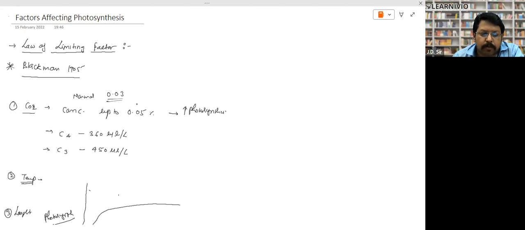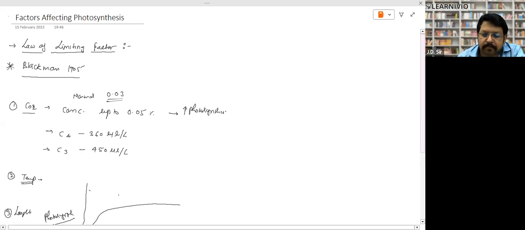If it goes up to 0.05, photosynthesis will increase. Beyond it, photosynthesis will not increase. For the C4 plant, the concentration of CO2 will be 360 microliter per liter. In C3 plant, 450 microliter per liter.